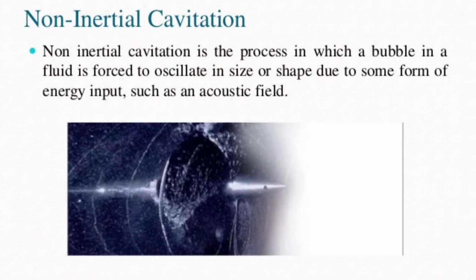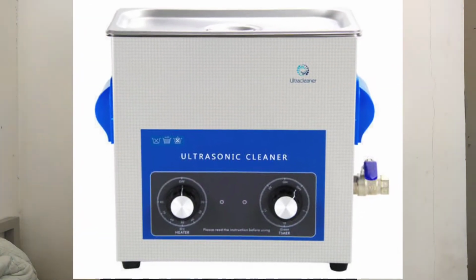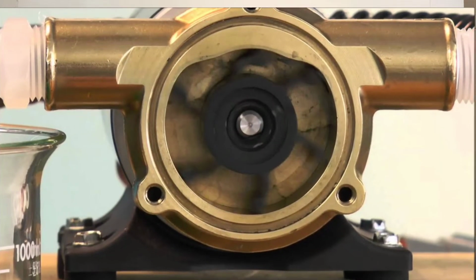It is the process in which a bubble in a fluid is forced to oscillate in size or shape due to some form of energy input, such as an acoustic field. Such cavitation is often employed in ultrasonic cleaning baths and can also be observed in pumps, propellers and so on.